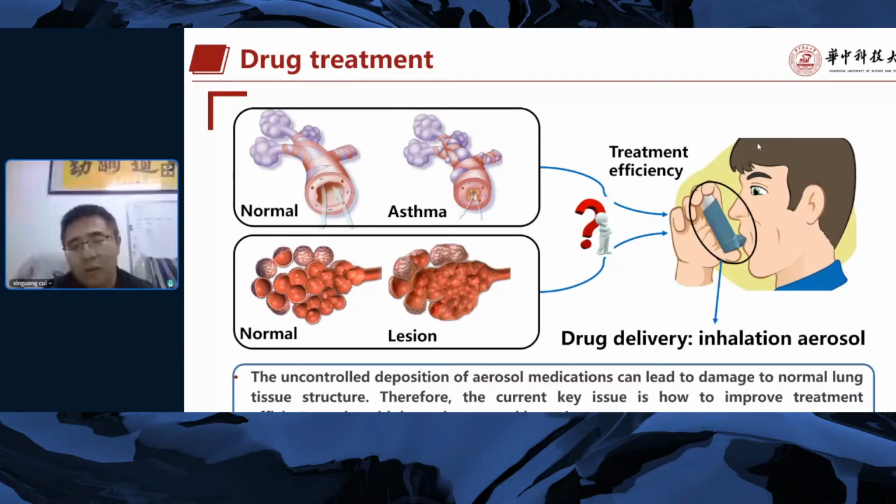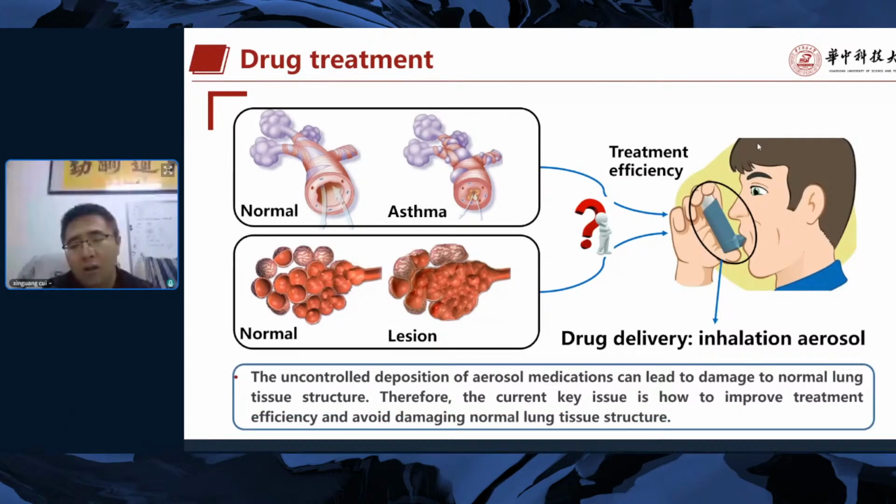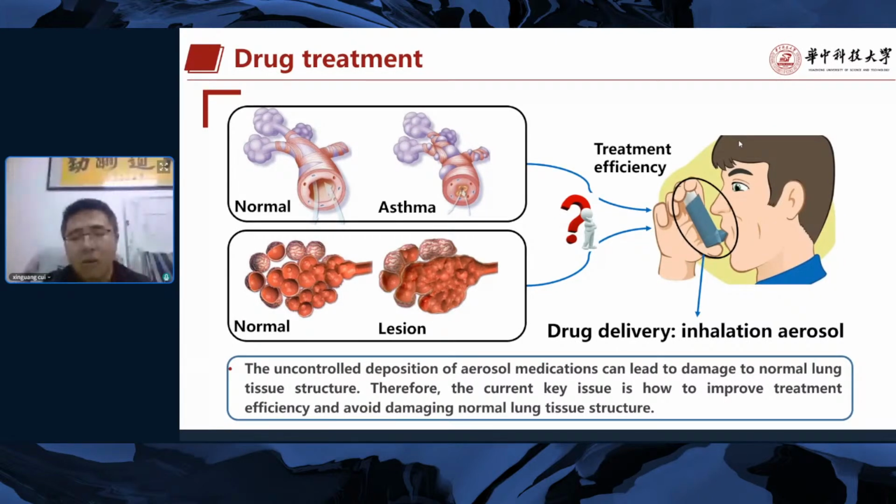But recently, in China, some drug factories are also trying to develop inhaled drugs. And another unit is for vaccines. For the COVID-19 vaccine, there are some inhaled vaccines.